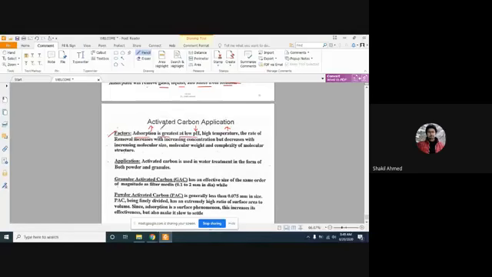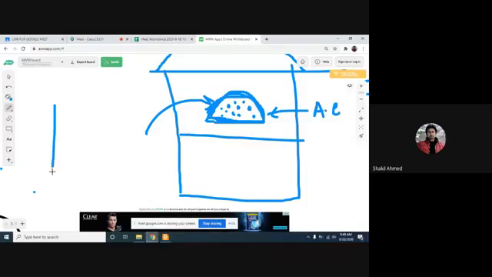Again, adsorption is higher if the concentration increases. Concentration of pollutants: if the water has a higher amount of pollutants, then the rate of adsorption will also be much higher.